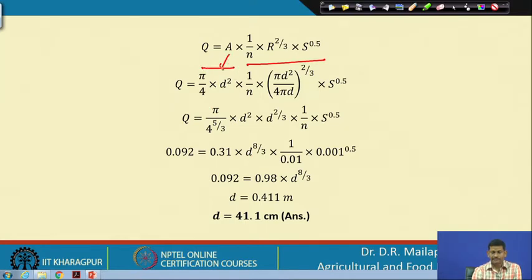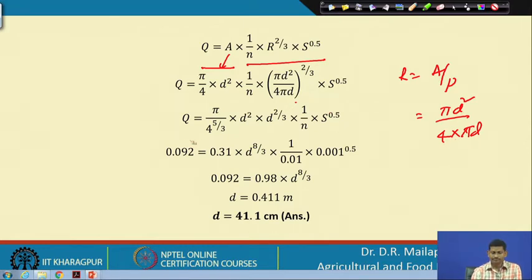A can be substituted as pi by 4 d square, into 1 by N. And R is equal to A by P, since it is circular, so this is pi d squared by 4 into perimeter. The perimeter is pi d, so you get pi d square by 4 pi d.